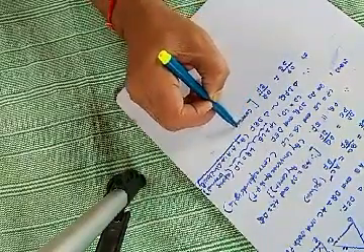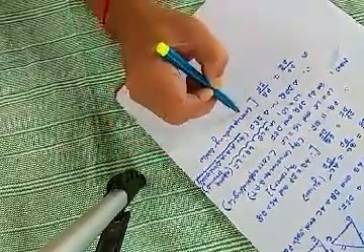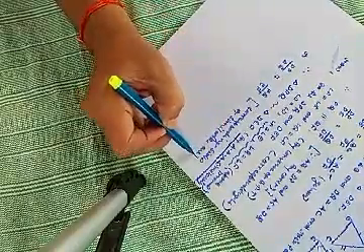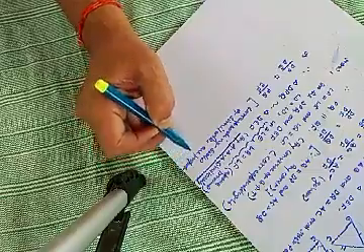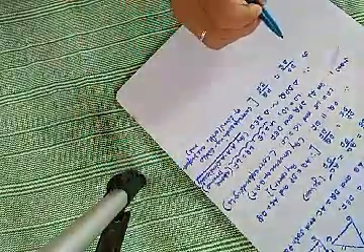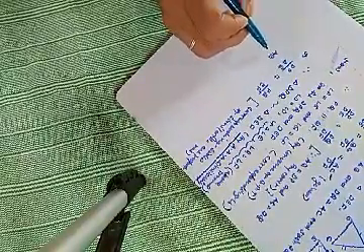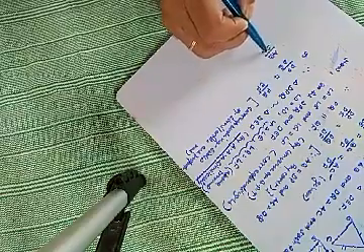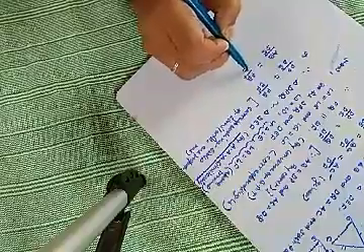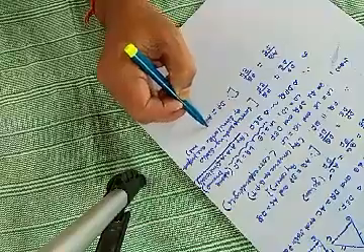Corresponding sides of similar triangles are proportional. So DP upon DE is equal to PQ upon EF, and replace DP by AB. So AB upon DE is equal to PQ upon EF, since DP is equal to AB.